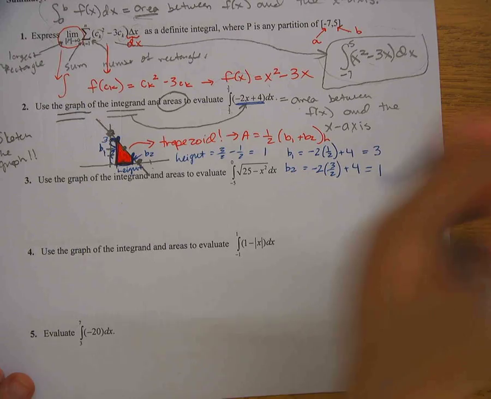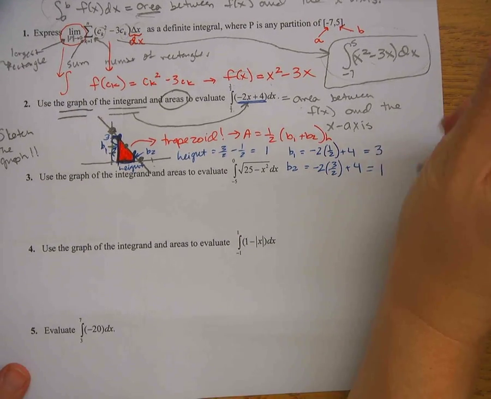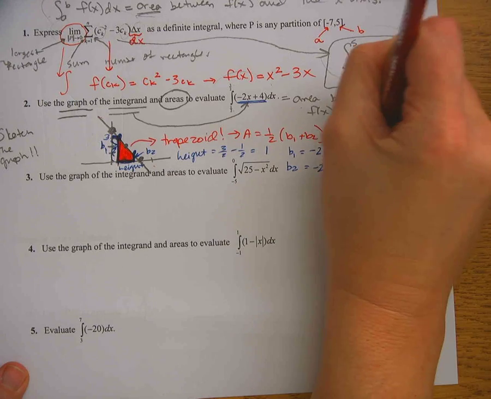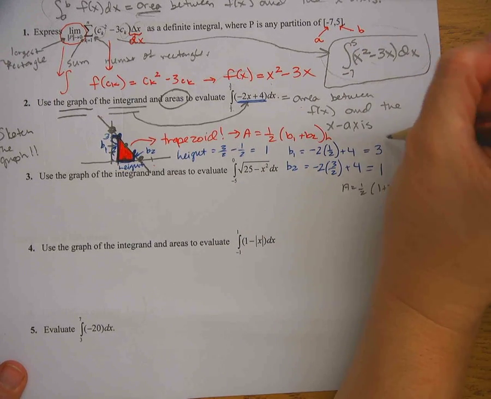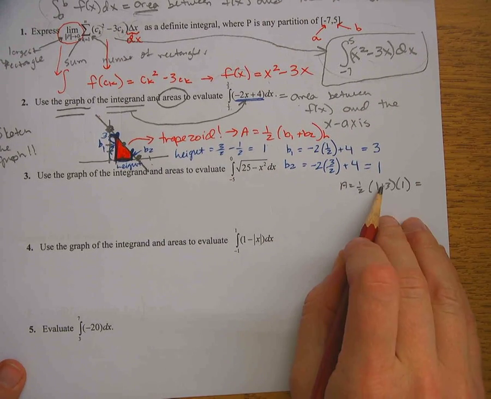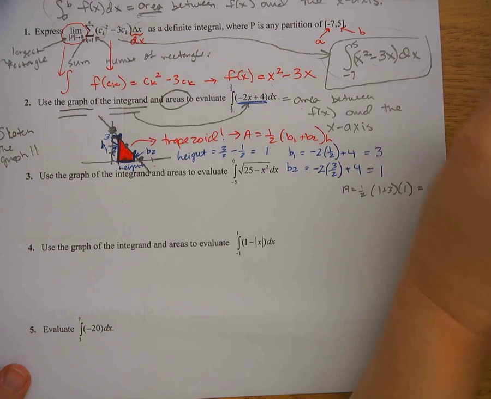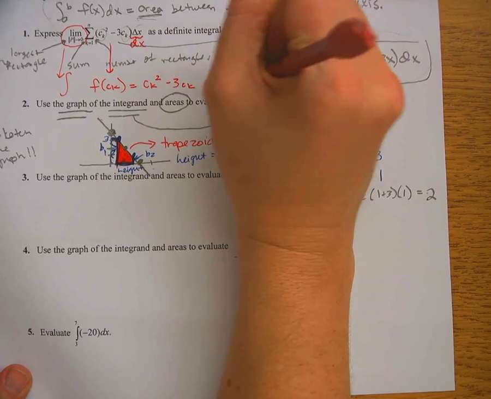And then the area would just simply be 1/2 times base 1 plus base 2 times height. So 1/2 times 1 plus 3 times 1, which is 1/2 times 4 times 1, which is 2. So this integral is equivalent to 2.